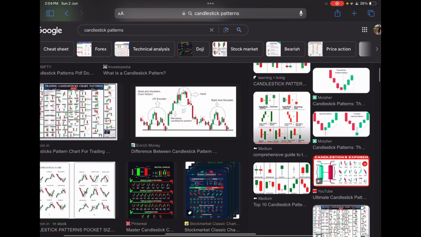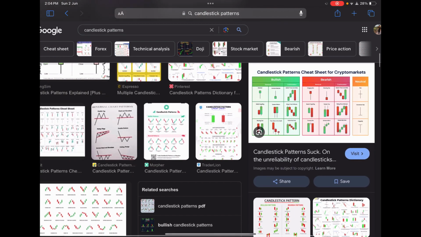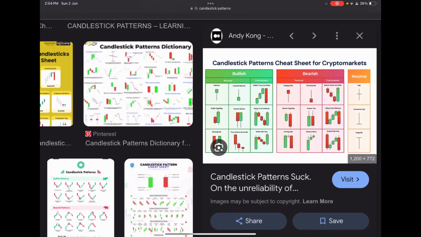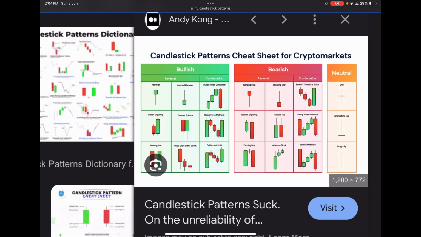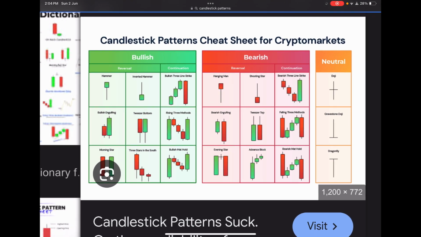So this is not the right way to interpret a candle, that if a bullish three line strike is made and then a red candle is made, you should go long. That's not the right way. This is nonsense according to me.